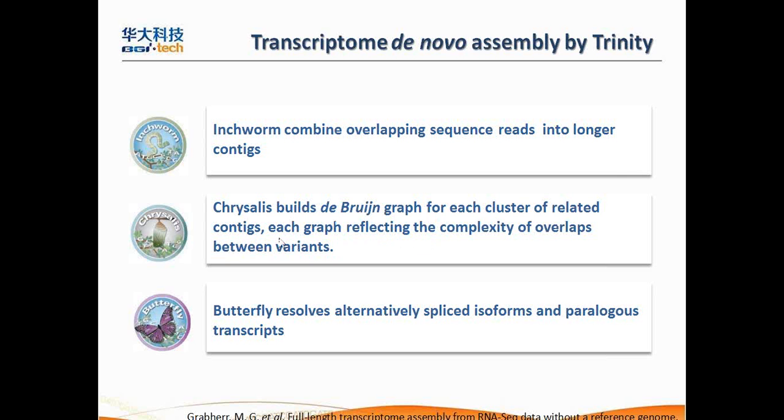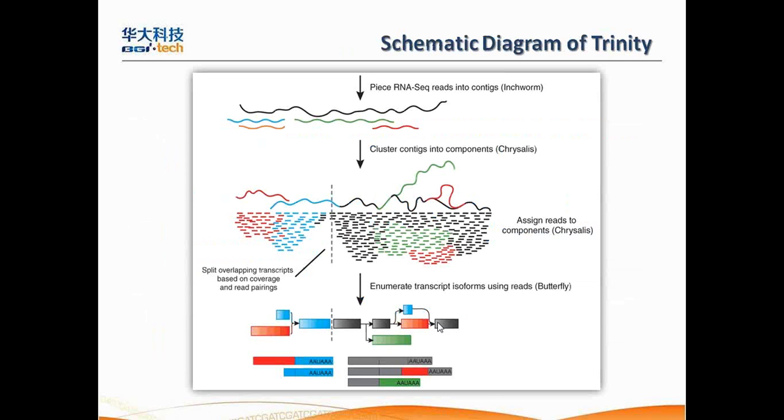Then we can get the de Bruijn graph, and then Butterfly tries to resolve the graph and figure out whether there are different spliced isoforms and whether there are paralog transcripts. So this is a schematic picture of the whole pipeline of the software Trinity.